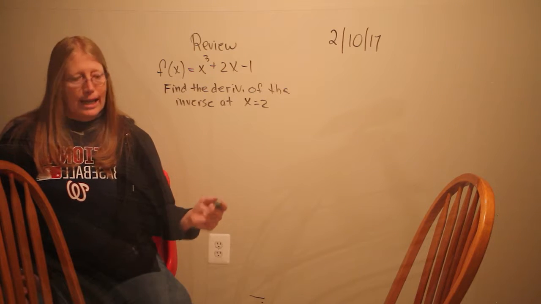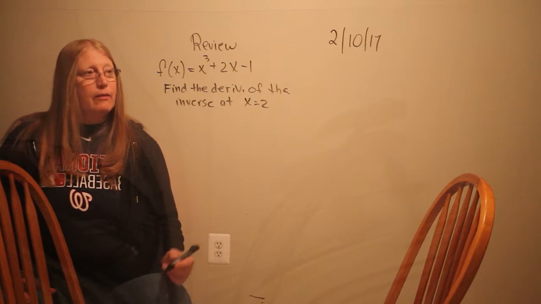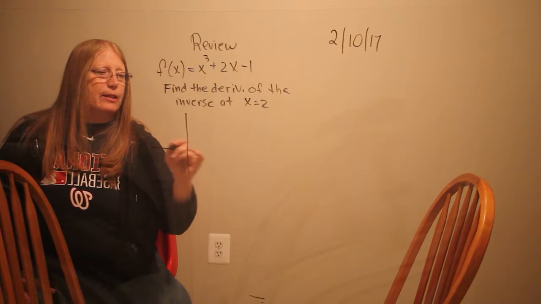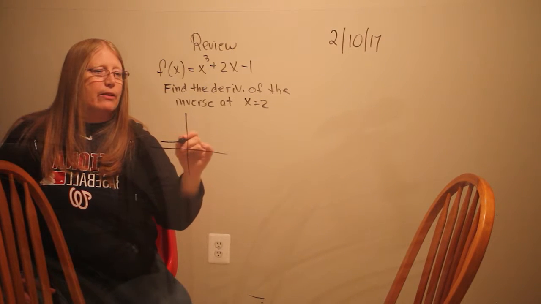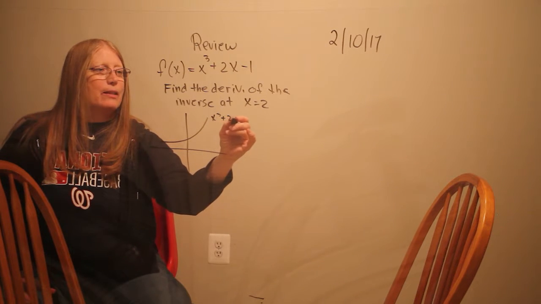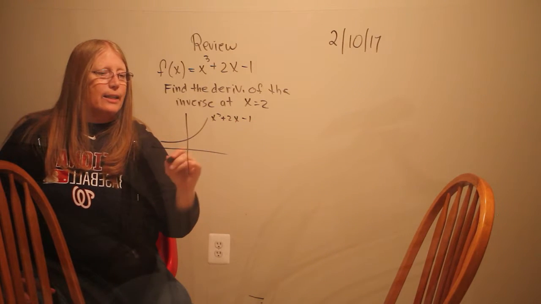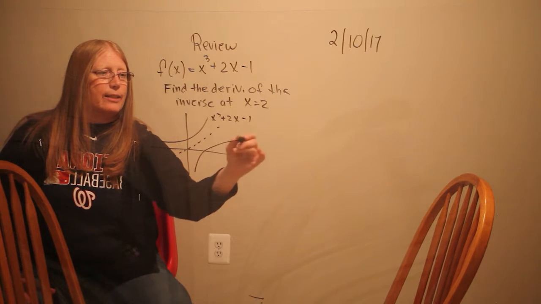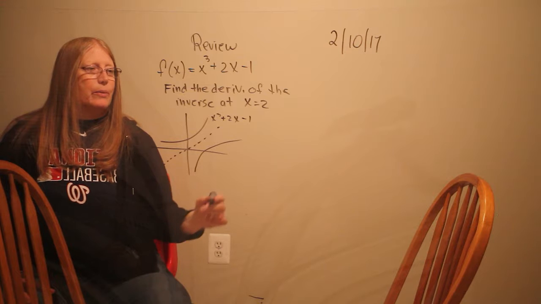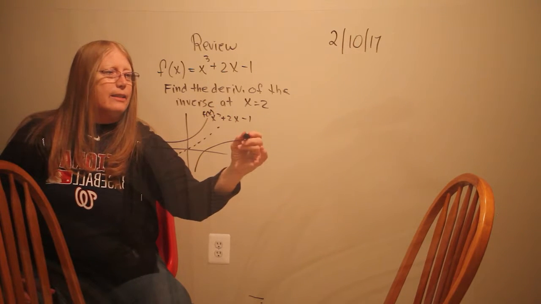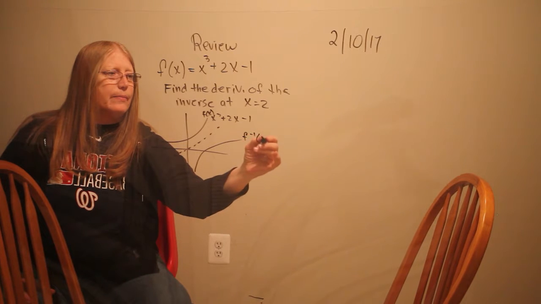So establish that, and then let's just suppose that our regular graph looks like this. It does not, but let's suppose it does. Then the inverse would be a reflection across the y equals x line. So if this is f of x, then this is f inverse.